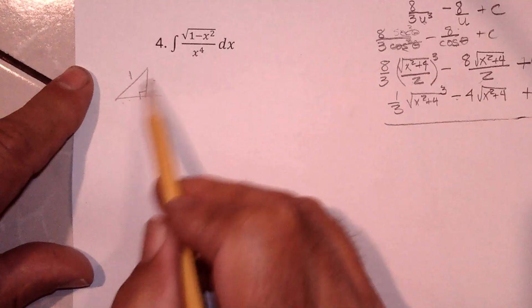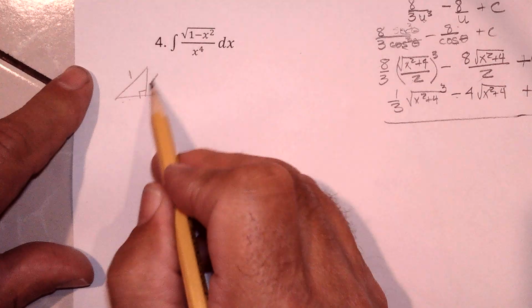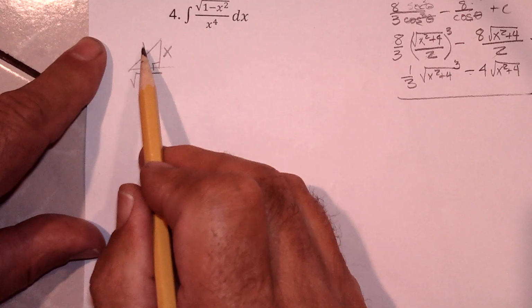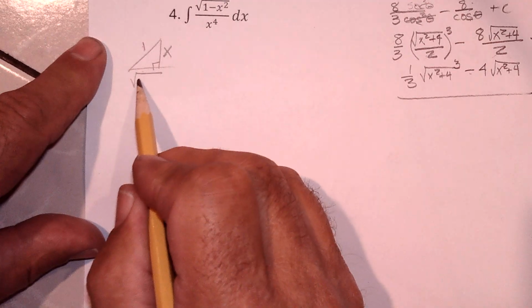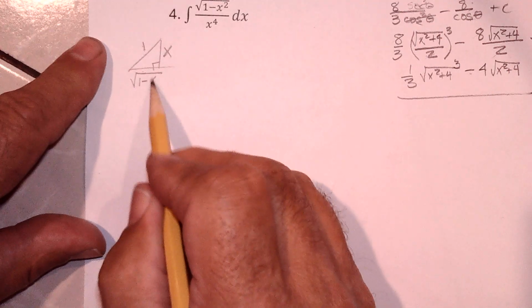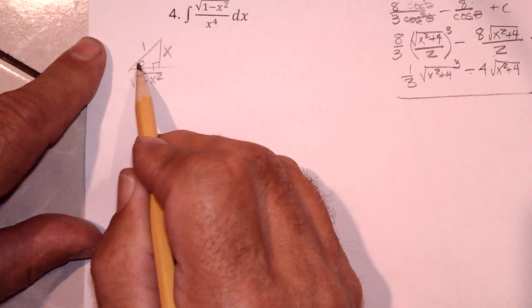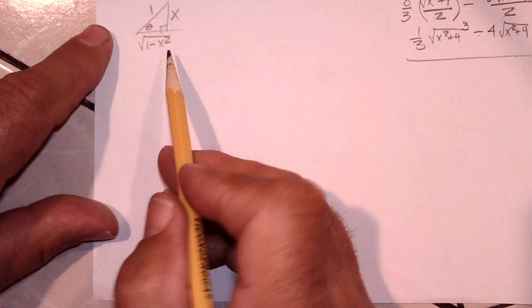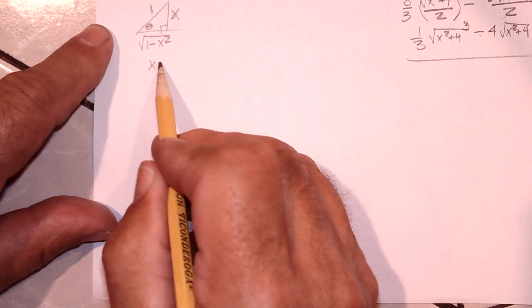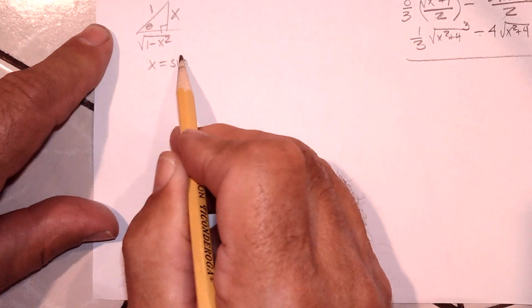And x on one of these legs, I'll put it here. So then this side would be the square root of the hypotenuse minus the leg squared. Hypotenuse squared is 1 minus x squared. If that's my theta, then x over 1 is the sine of theta.